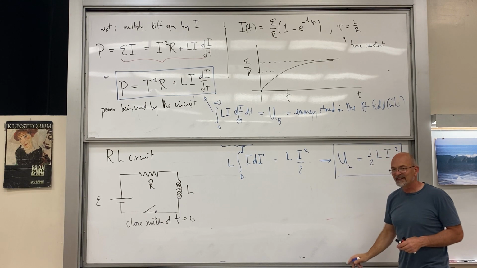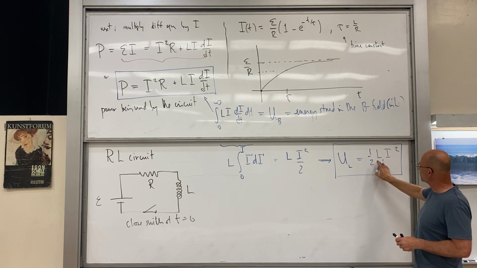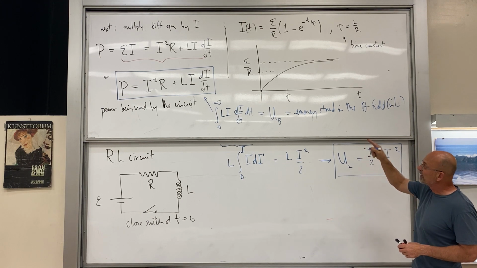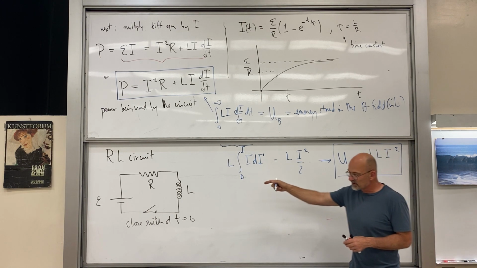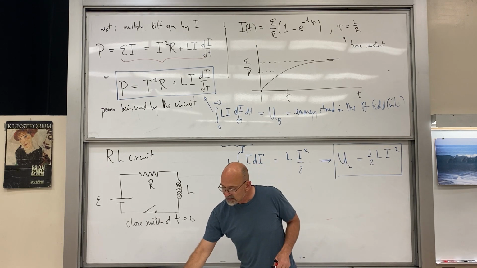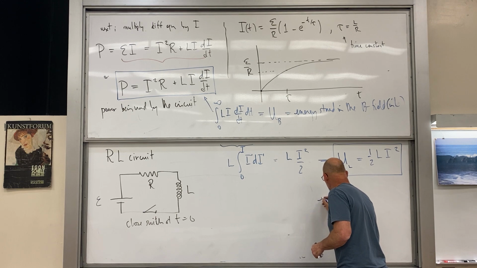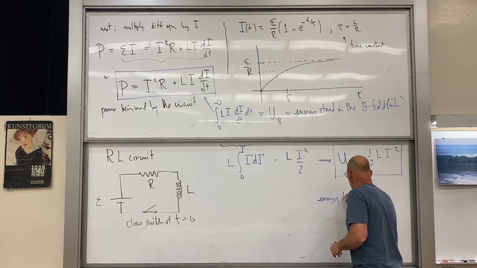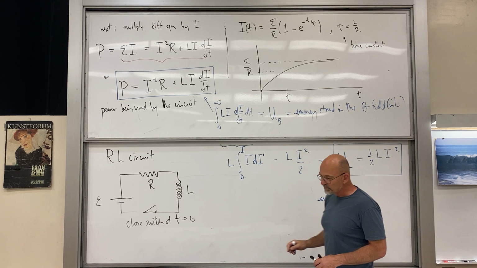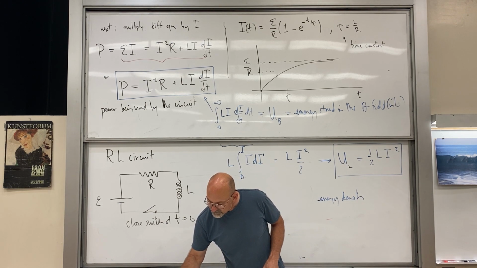Now, if you actually put in the expression for the inductance of a coil, which is what our picture is there, you get energy density. I'll just write this down.